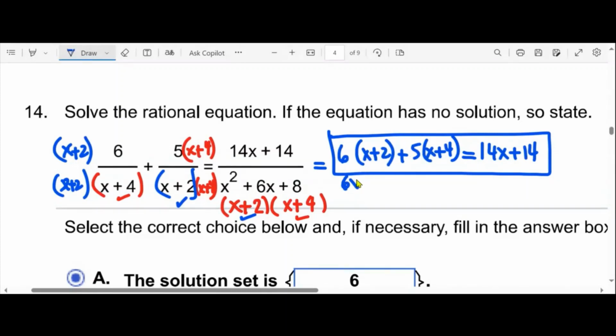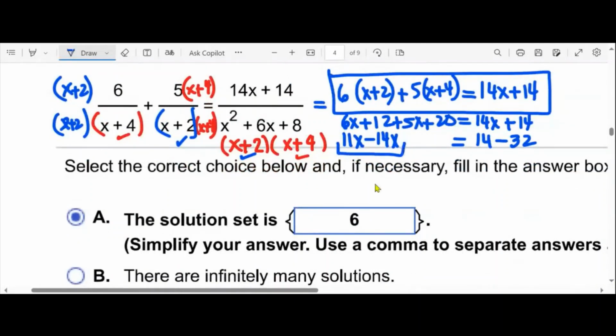So you're going to get what? 6x plus 12, 5x plus 20 equals 14x plus 14. 6x, 5x give you what? 11x. Move this to the other side, gives you negative 14x. 12 plus 20, 32. Yes. Minus 32.